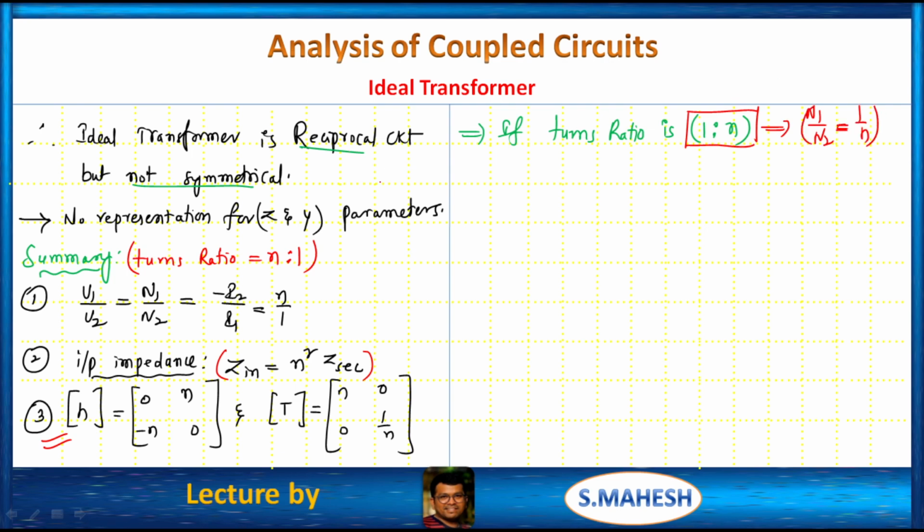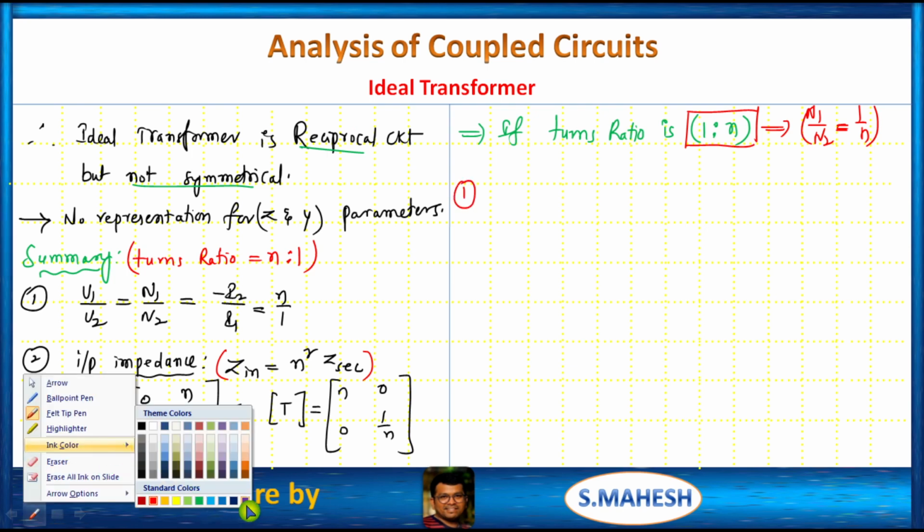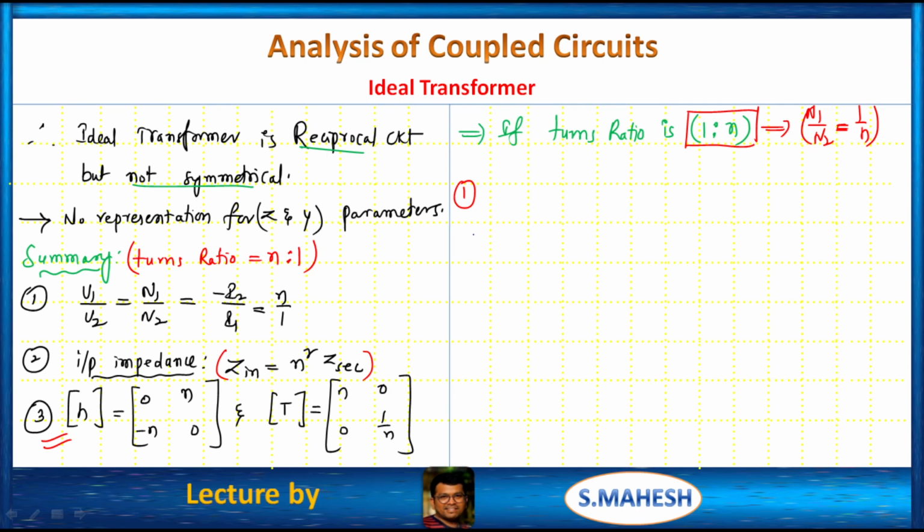Then first observation: V1 by V2 equals N1 by N2 equals minus I2 by I1, which now equals 1 by n.